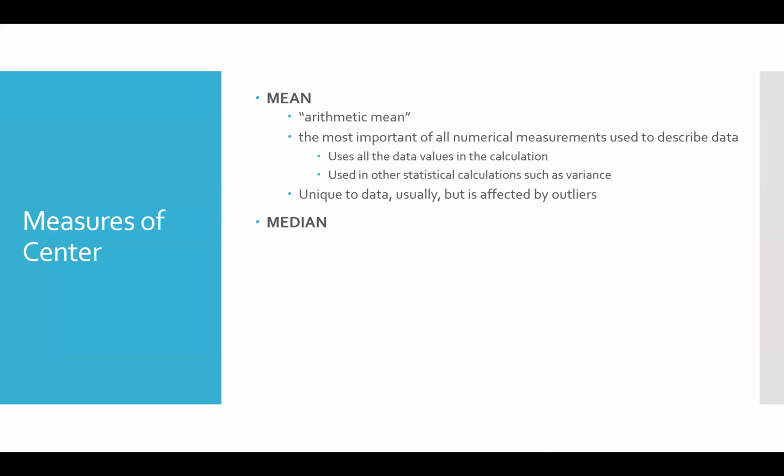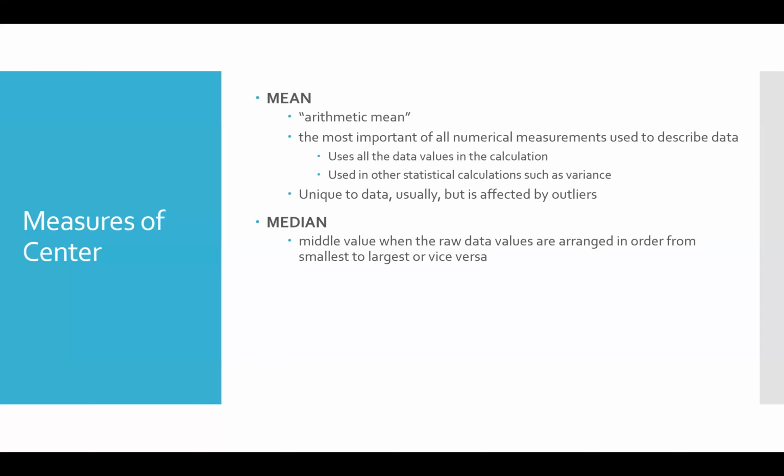The mean is the best of the 3, but if I have outliers, I may want to use a different measure of center. Typically, if I have outliers, then I would try to use the median. The median is the middle value of the data set when you have the values arranged in order from smallest to largest, or vice versa.